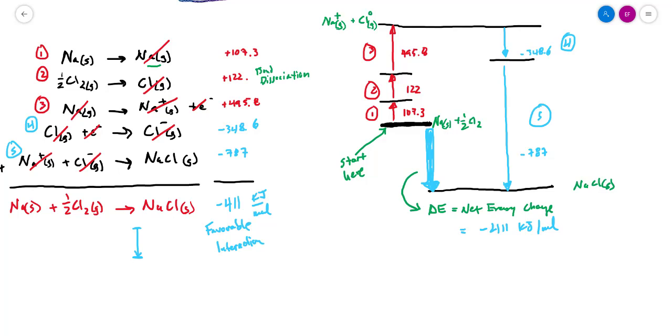What we then see is to get chlorine to chloride, we tack an electron on. That's a net good thing. That's that minus 348.6 in step 4. So we actually start to descend here. And then at this point in the diagram, we've got sodium plus gas and chloride minus gas.